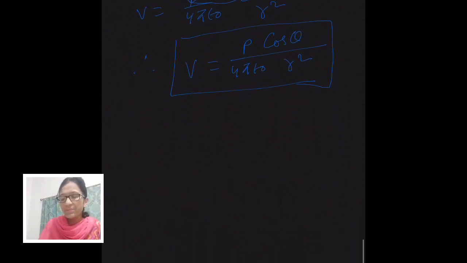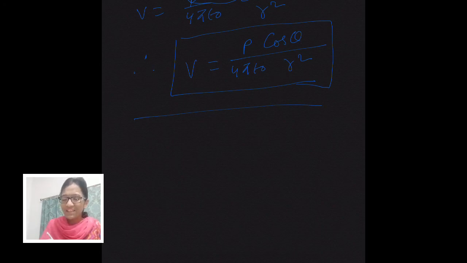So what we see is how the dipole potential changes from the potential due to a point charge. We find that there is a difference in potential at a point due to a point charge and due to a dipole.